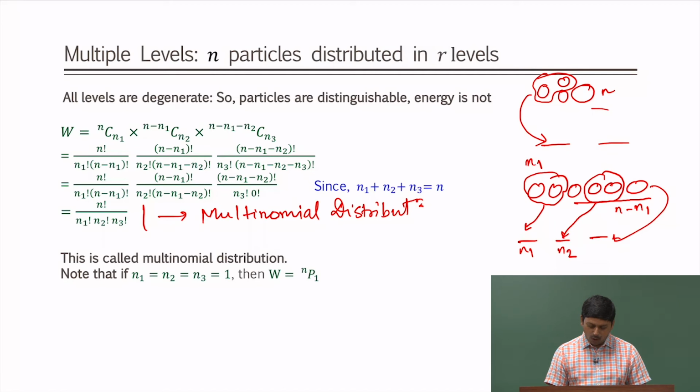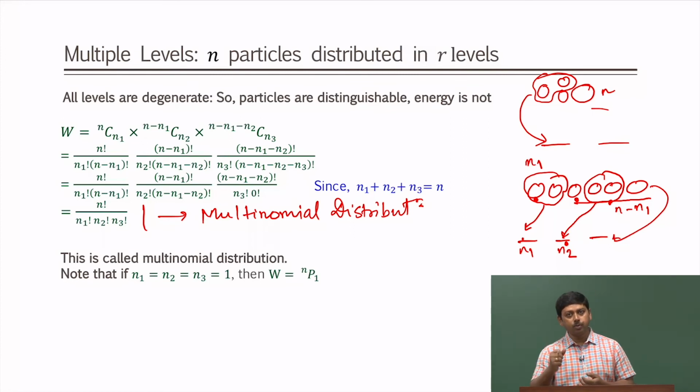Because if n1, n2, n3 are all equal, I am going to get n factorial only, and n factorial is nothing but permutations of n particles, NP1, which means essentially I am choosing one particle and putting it in the first label, choosing the second particle and putting it in the second label, choosing the third particle and putting it in the third label, choosing the fourth particle and putting it in the fourth label, choosing the nth particle and putting it in the nth label. That means nothing but it is a permutation of those particles, and therefore it is NP1, because I am choosing one or all of them to put in the different levels. It is just a digression to that.